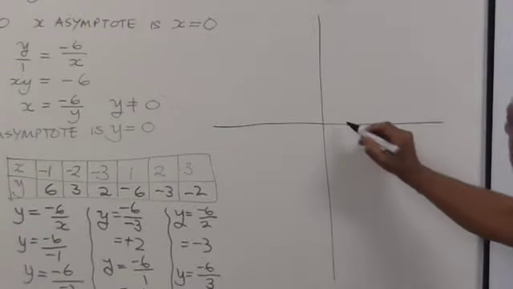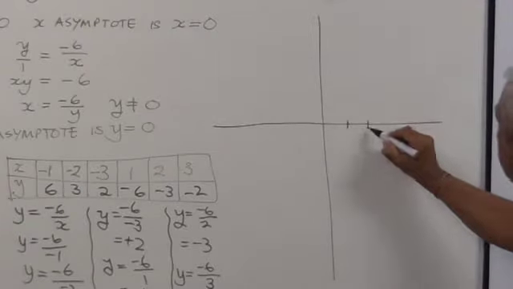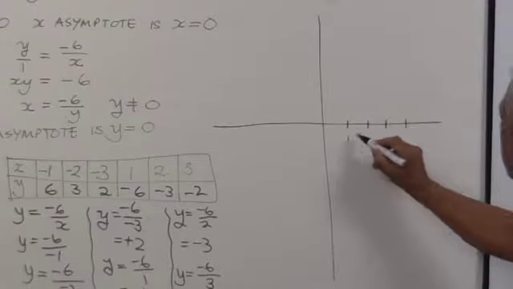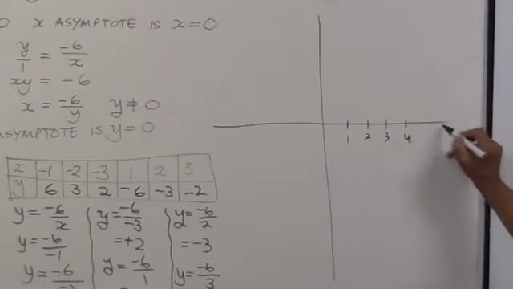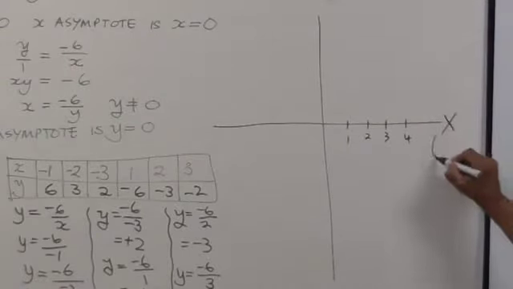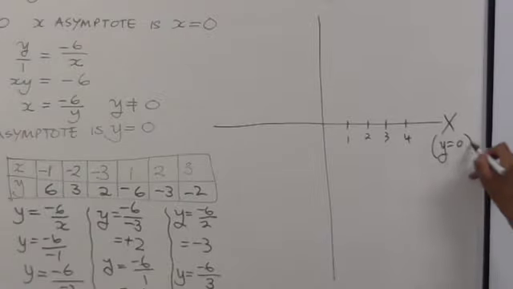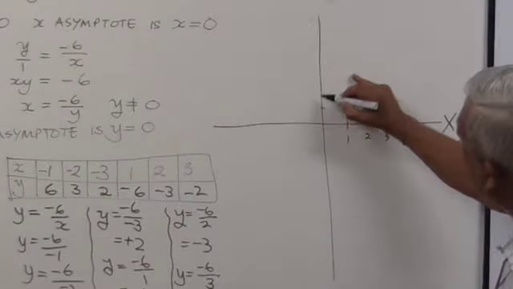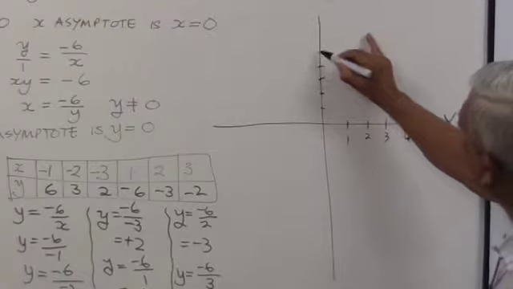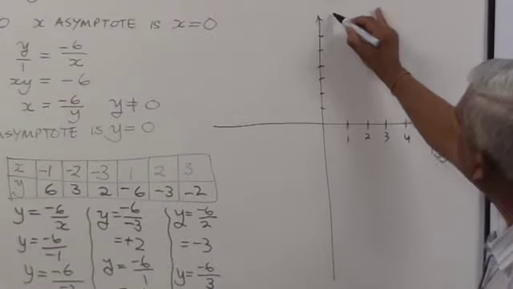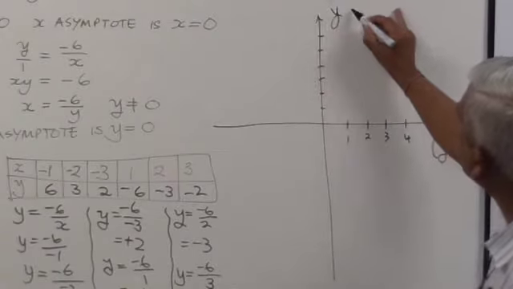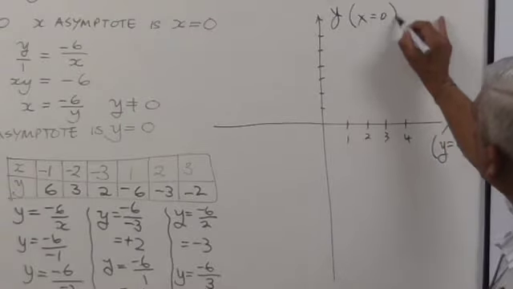axes. Here we need 1, 2, 3, 4. 1, 2, 3, 4. And this is your x-axis or y equal to 0. Here we need 1, 2, 3, 4, 5, 6. And that's your y-axis or x equal to 0.